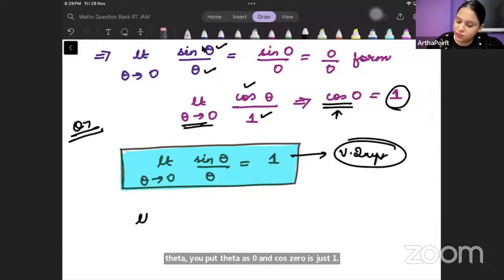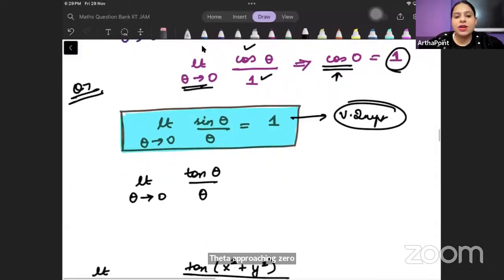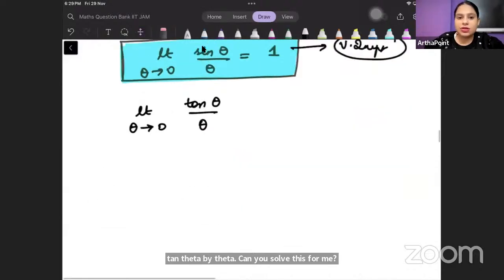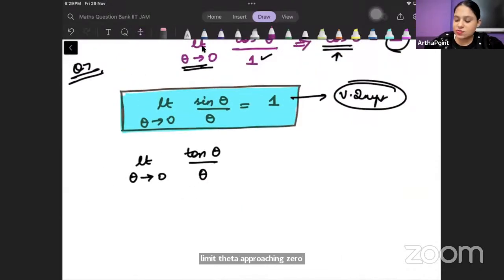Similarly, can you tell me what is limit theta approaching 0, tan theta by theta? Can you solve this for me? Limit theta approaching 0, tan theta by theta. What is this? Okay.